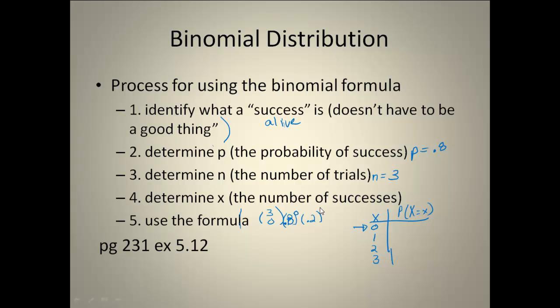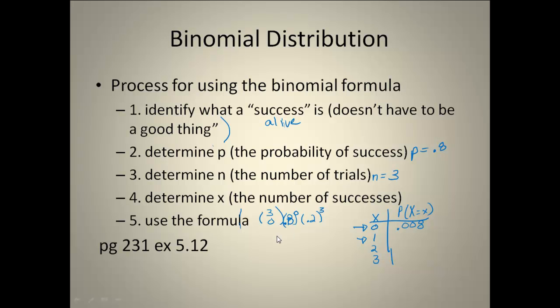Well, 3 minus 0 gives me 3. When I calculate that out, I should end up getting the exact same probability that I got before of 0.008. So the probability of 0 people being alive is 0.008.